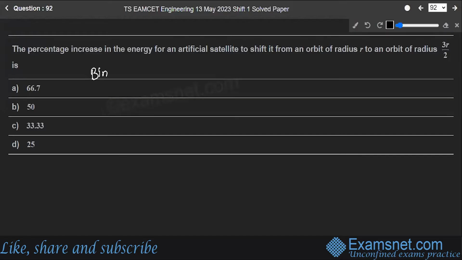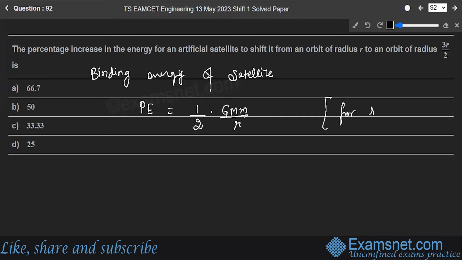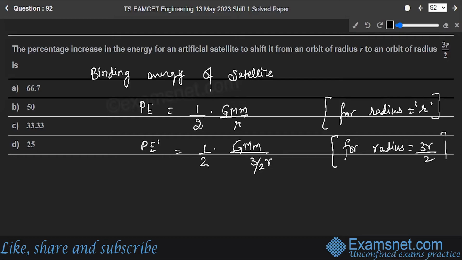See, the binding energy of satellite is given by PE is equal to half GMm upon R. This is when the radius is equal to R. And the second one, the binding energy is half GMm upon, now R is equal to 3 by 2 R. This is for radius 3R by 2 in the second case.